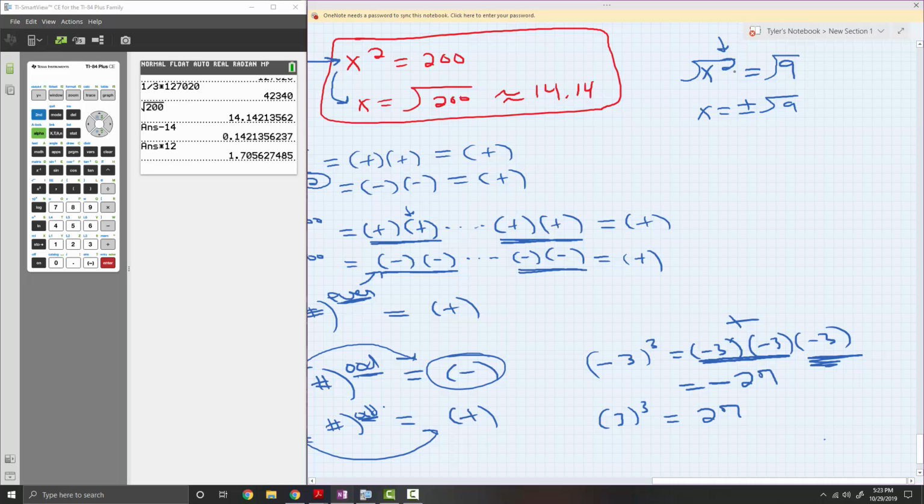Notice the square root of x squared is just x, they cancel each other out. And on this side, I just put a plus or minus in front. Then we can simplify: what's the square root of 9? Well, that's 3. So we get plus or minus 3 as an answer. And what this means notationally is that x equals 3 or x equals negative 3. Plus or minus means it could be one or the other.